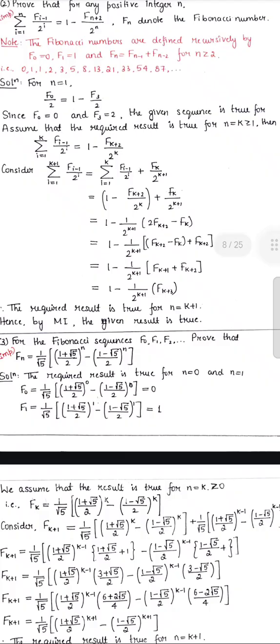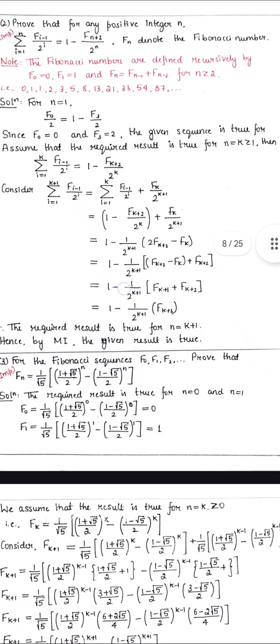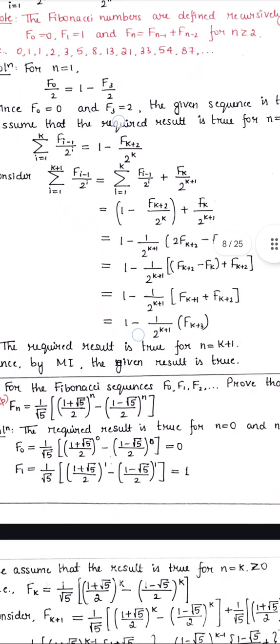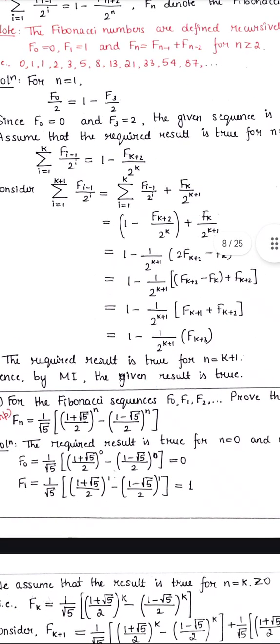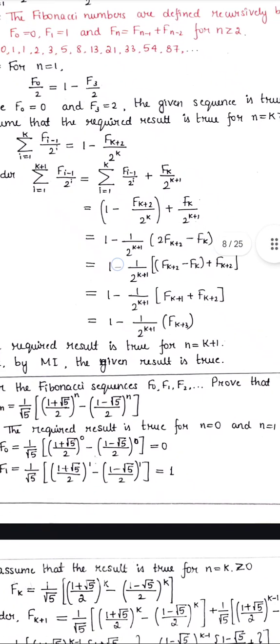It will be f of, since there is a k plus 2, we have to make it as the difference. That is, f of k is given, and the sigma of k plus 1 is there. Now we have to find that.